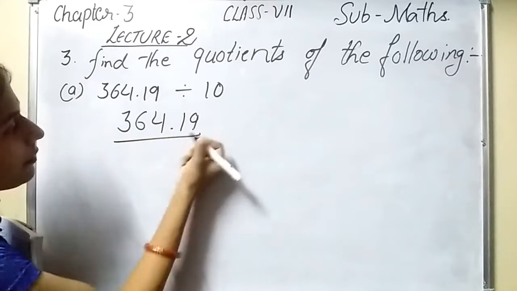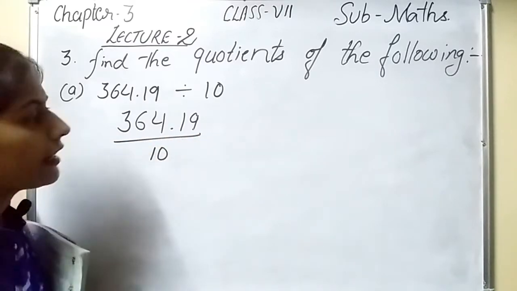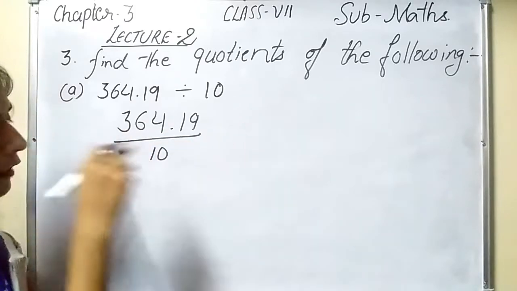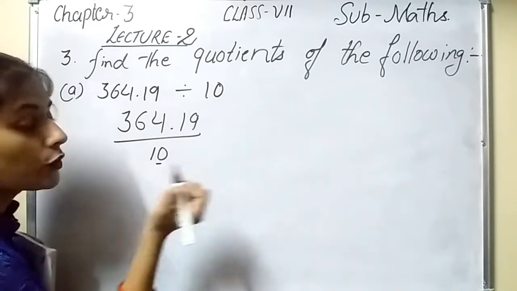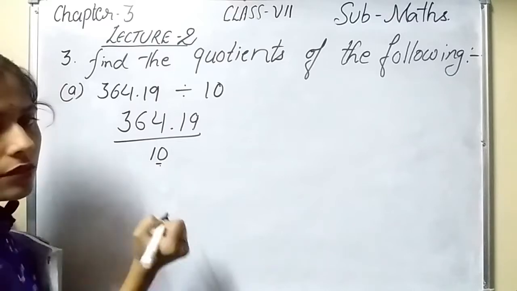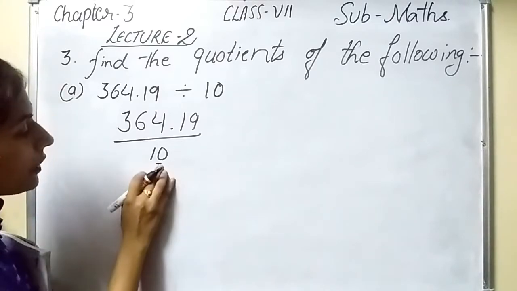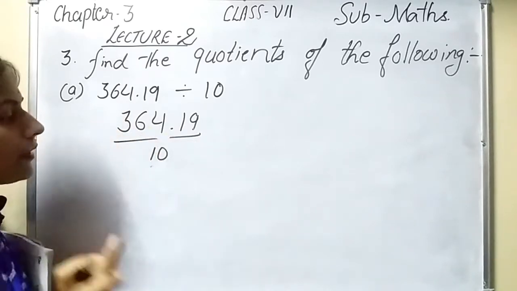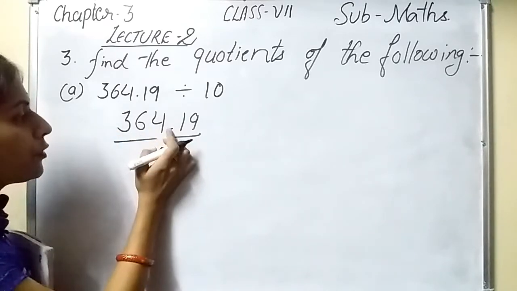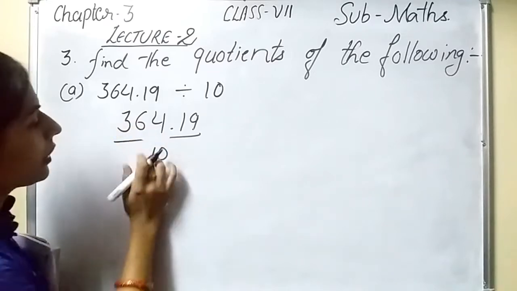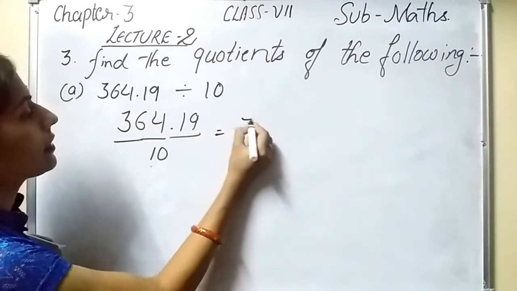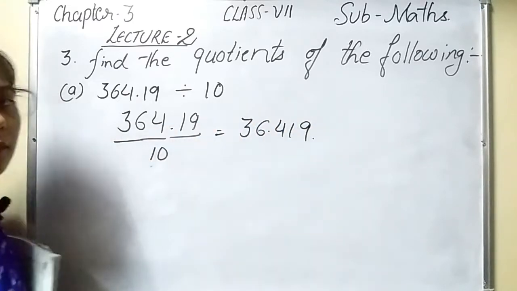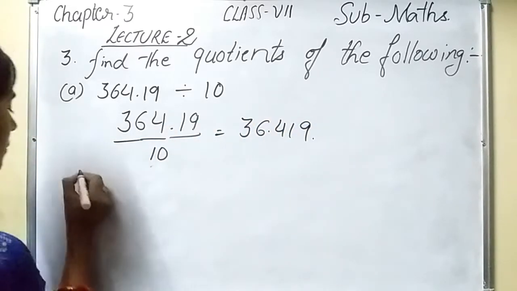Whenever the number is divisible by 10, 100, 1000, you have to see how many zeros there are. If there is 1 zero, you have to move the point 1 place. If there are 2 zeros, move the point 2 places. Its answer is 36.419.